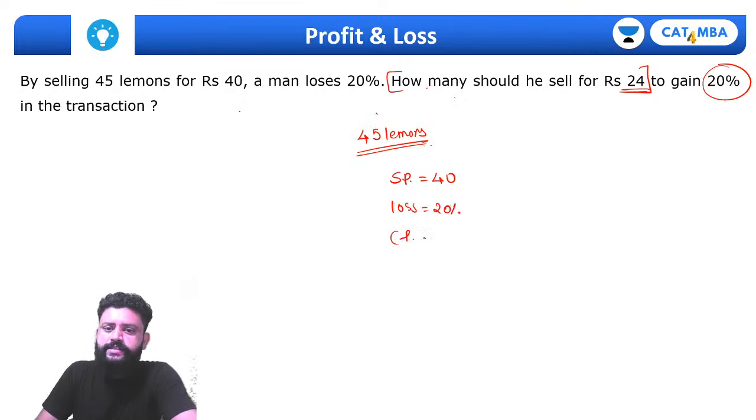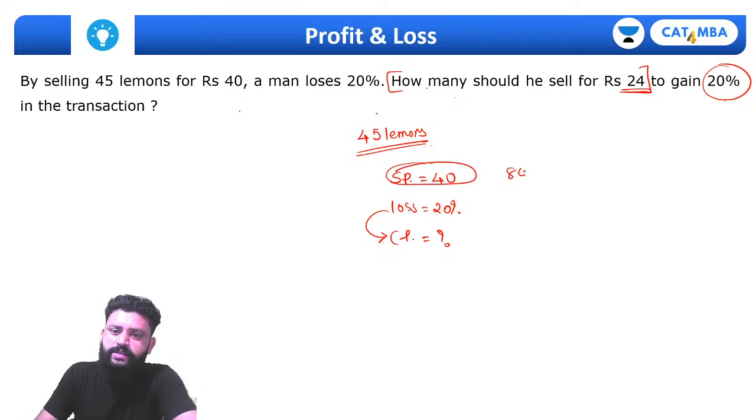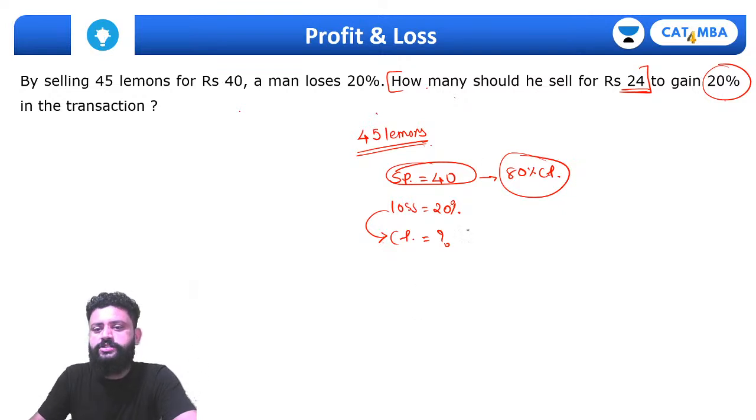So what is the cost price? Can you tell me the cost price, Jaggu, Abhishek, Shivam? This should come, Shivam. The 20% loss happened on what? A 20% loss is on the cost price. That means this price must be 80% of the cost price. Right, Shivam? We just learned this in the basic questions of profit and loss. So 80% of cost price must be the selling price, that is 40.